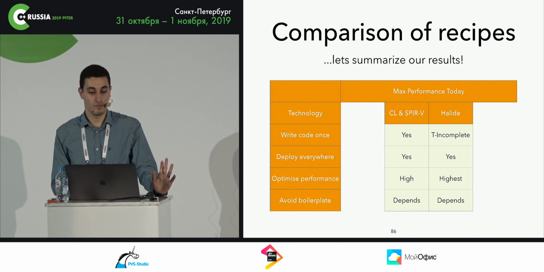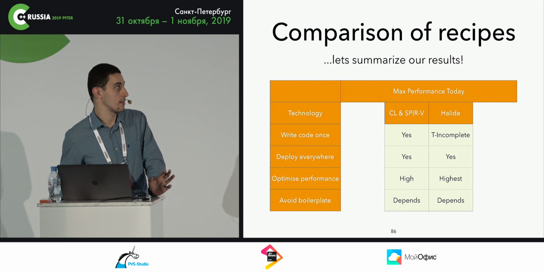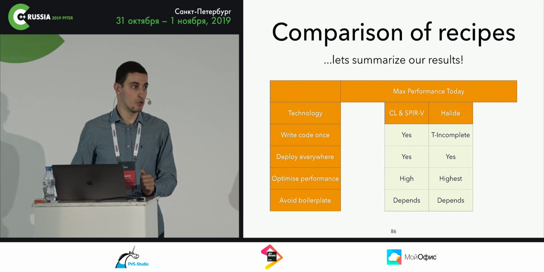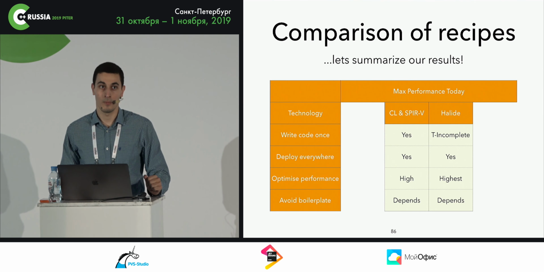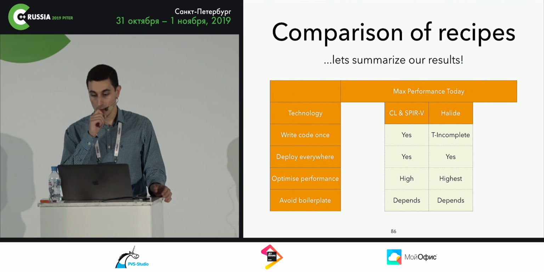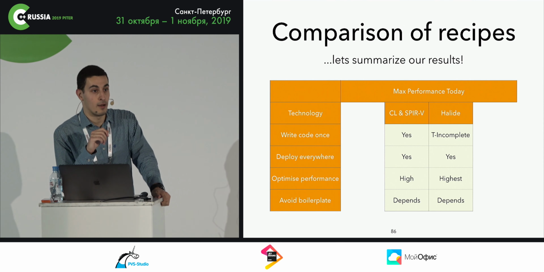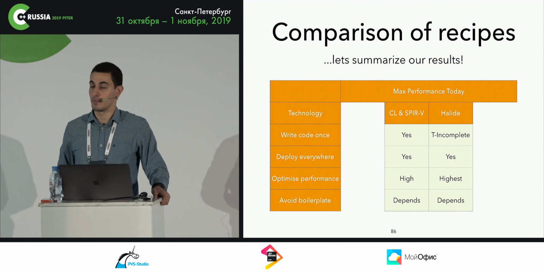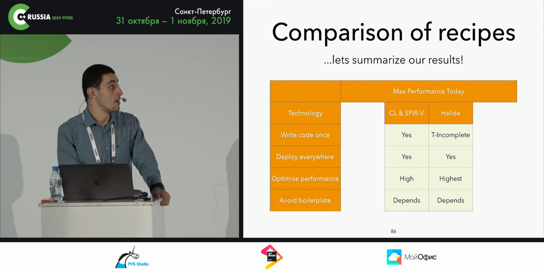So if you want to achieve maximum performance today, I would either choose Halide or combining OpenCL and SPIRV. Probably the best approach of all, the one that I'm actually using myself, is designing computational graphs and some boilerplate code for managing asynchronous computations on top of the Vulkan API, and then writing most of the stuff in Halide, generating binaries that you can later manage with this Vulkan glue code.